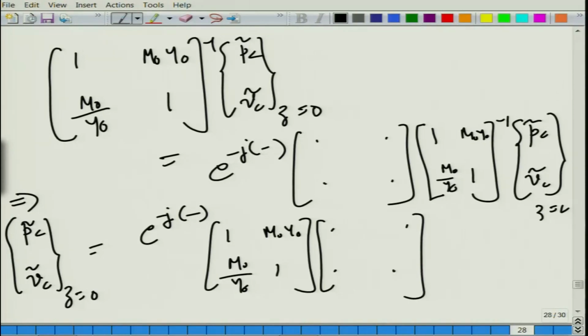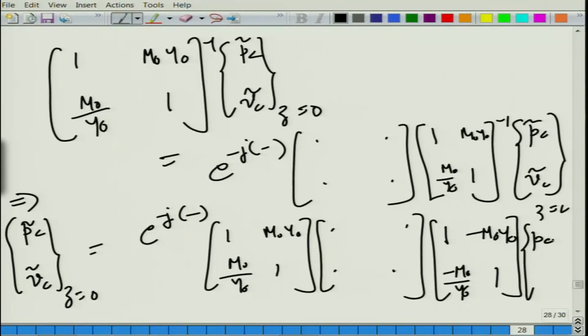When we do some linear algebra, you could go to a symbolic package like Mathematica or Maple, or do some hand calculation, and figure out that the inverse of this matrix is nothing but 1 over (1 minus m0 squared) times [1, minus m0 y0; minus m0 by y0, 1], times P_c V_c at z equal to L. After all this algebra we get this.